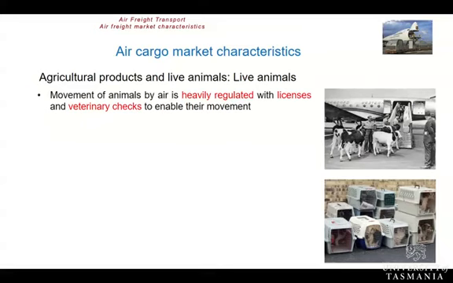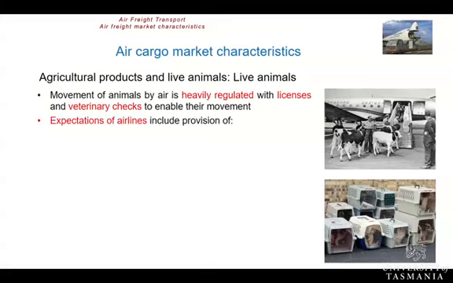So if you were an air cargo carrier and you were looking to get into this particular market, so if you wanted to market your products, one of the things that you need to know is that this particular industry is heavily regulated. So it's heavily licensed and requires veterinary checks along the way.